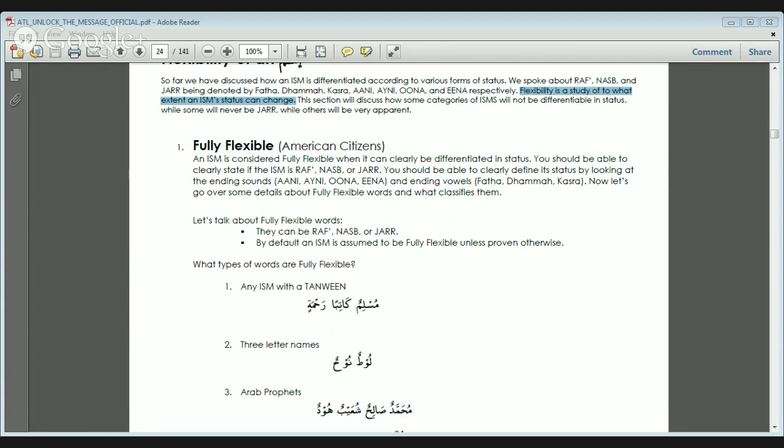Now here's my question. What type of isms are considered fully flexible? Let's go over it here.